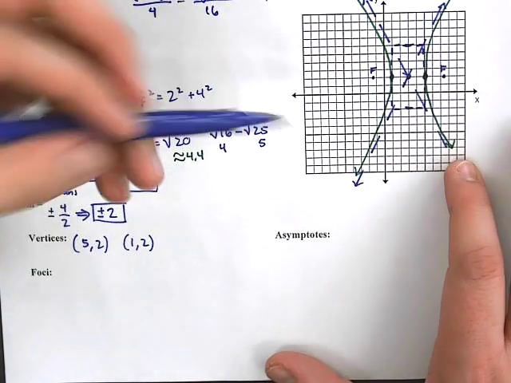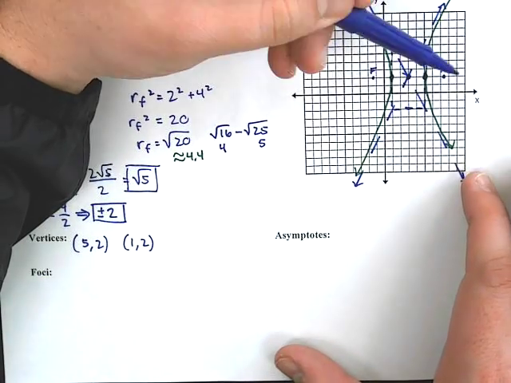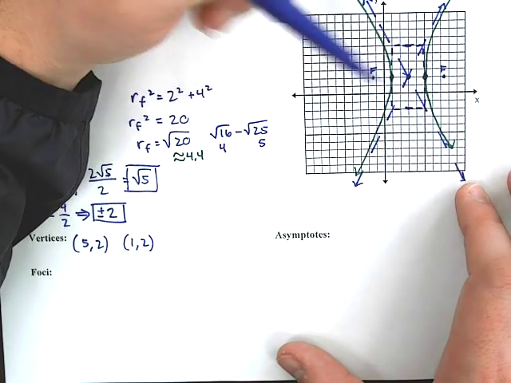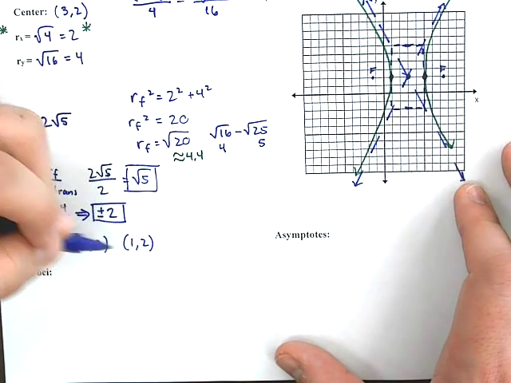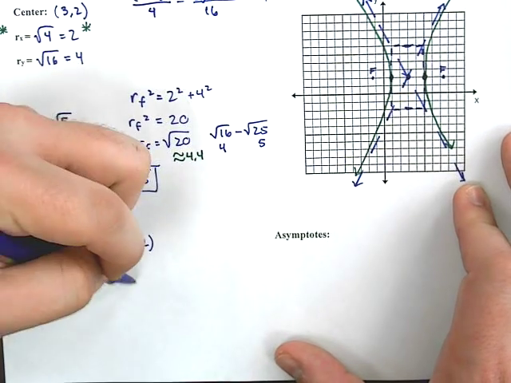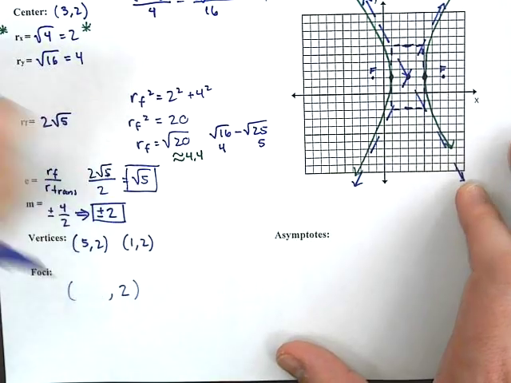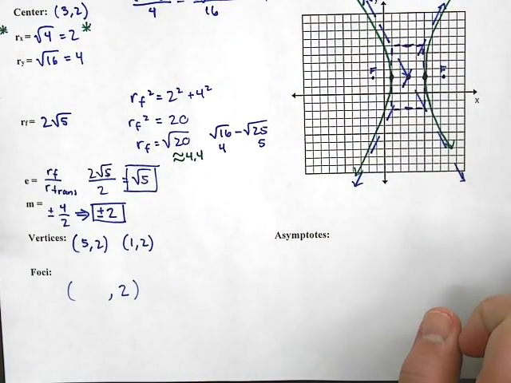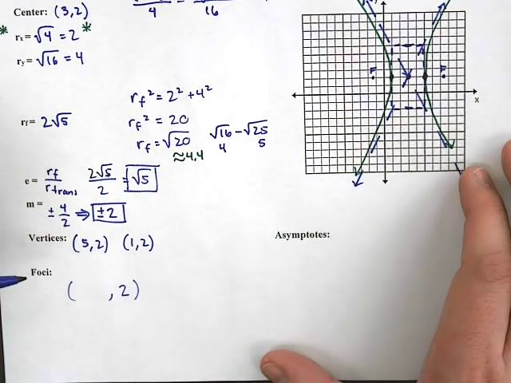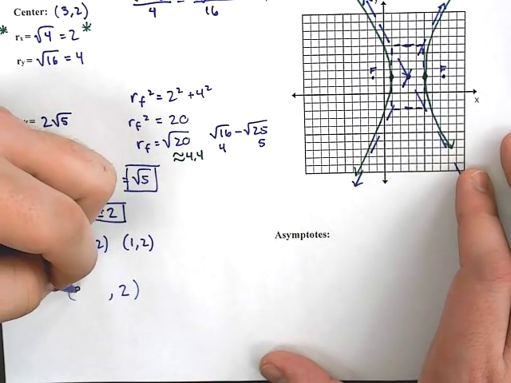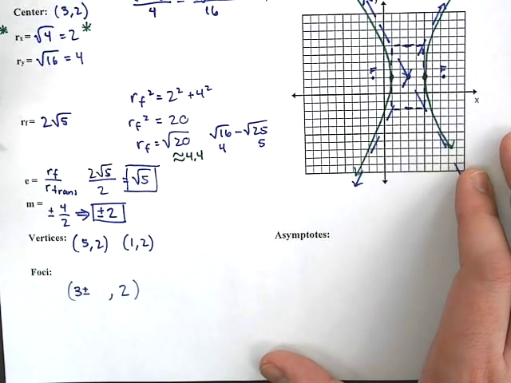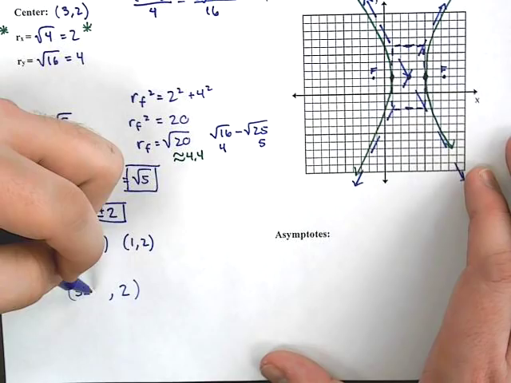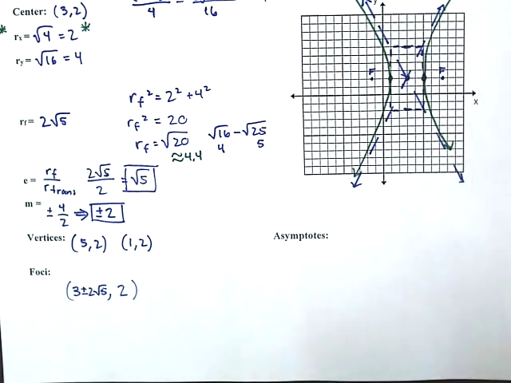Remember that these are both lying on the transverse axis, so the y value does not change, just like the vertices, right? I know that no matter what, my foci is going to have a y value of 2. But I do know that I'm going to start at the center and then add or subtract that focal radius of 2 root 5. And I would leave it just like that.